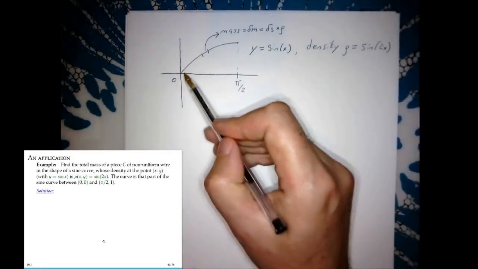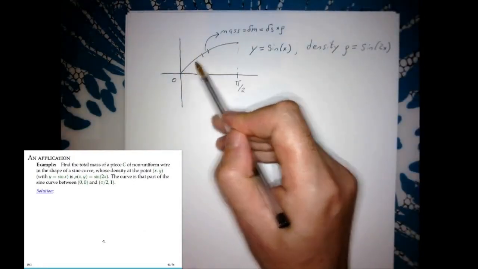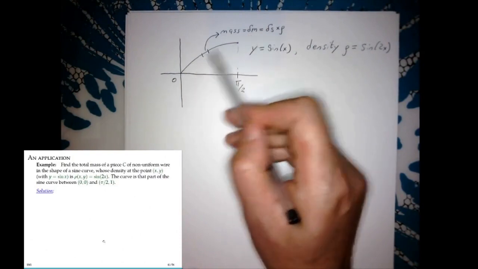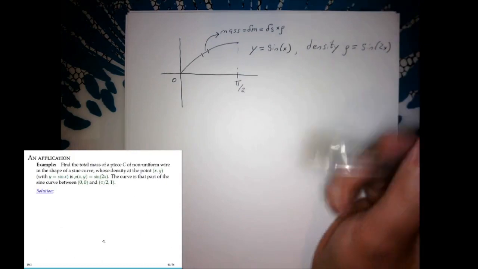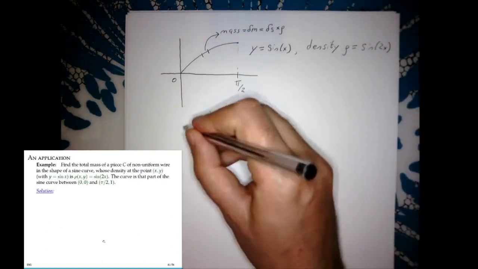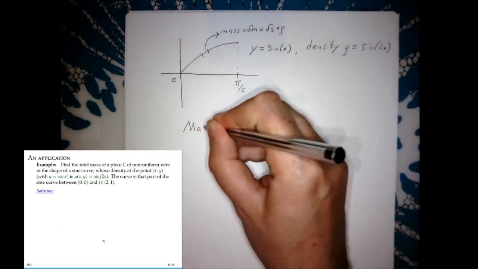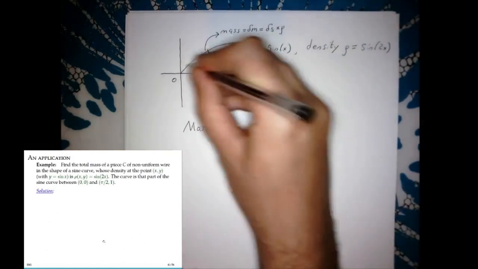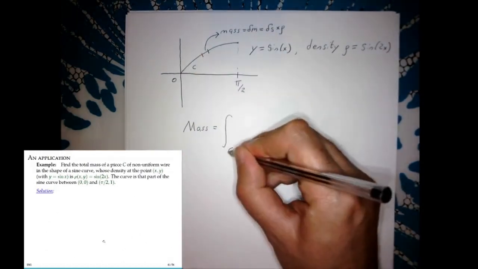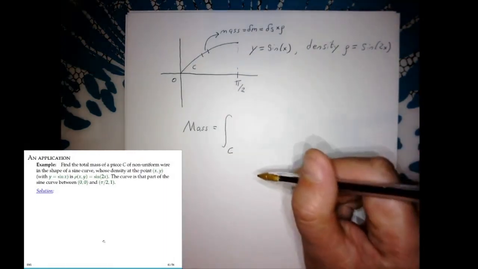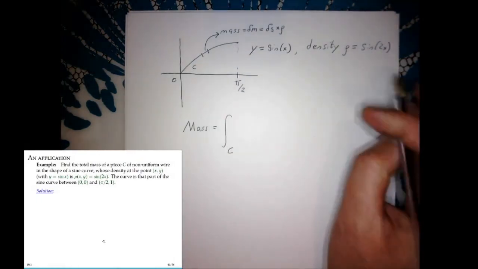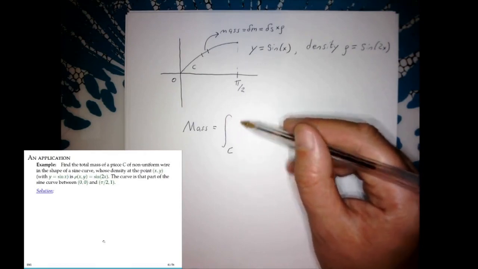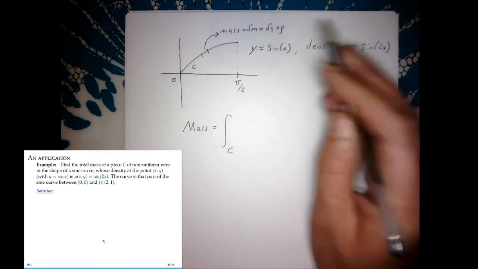And so in order to get the mass of the entire wire, we add up the masses of all the individual sections, and that becomes a line integral with respect to arc length. The integral over this curve, called C, as we seem to always be calling curves, of the density times ds.